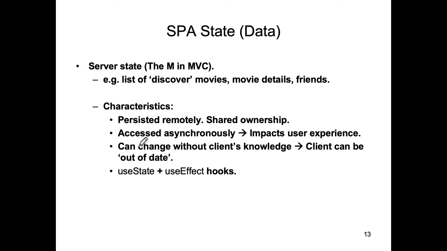I might have an instance of a React app loaded in my browser, and somebody else has the same app loaded in their browser, and that other user triggers a change to some part of the web API's backend data. My client won't know about that. So potentially my client could be looking at out-of-date data, unless I build some logic into the React app that is informed that the data has been changed at the web API side.